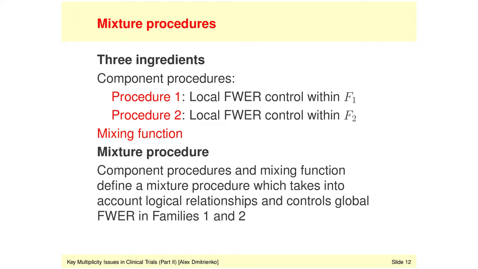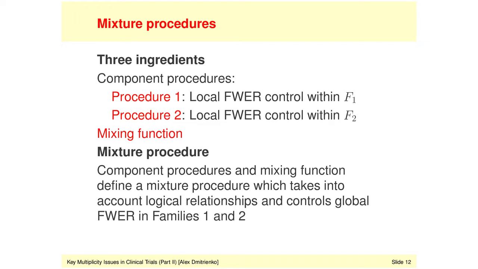And also we need a mixing function. The mixing function here plays a very important role because it helps glue the two component procedures together, so to speak. This mixing function ensures that the overall or global type 1 error rate will be protected across the two families of hypotheses.